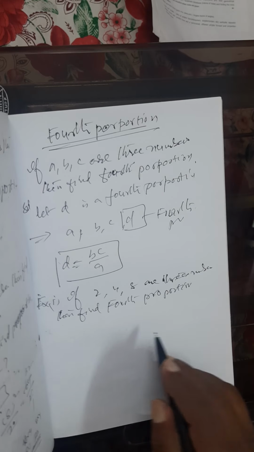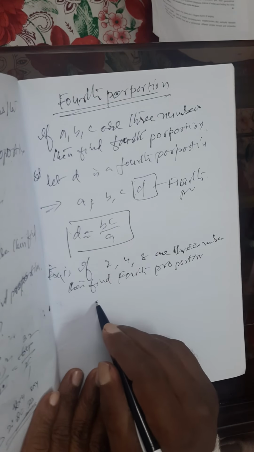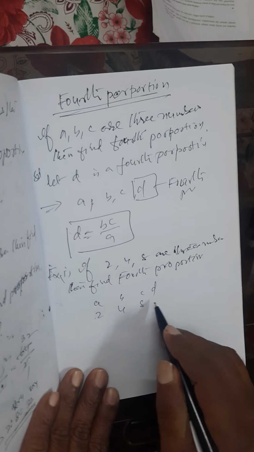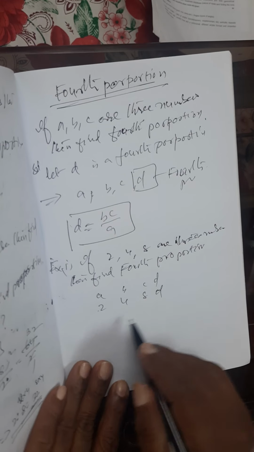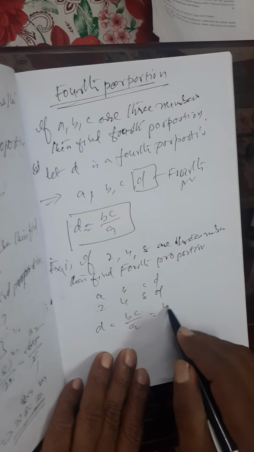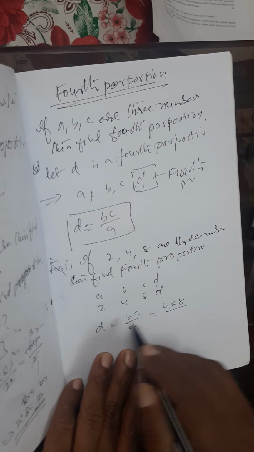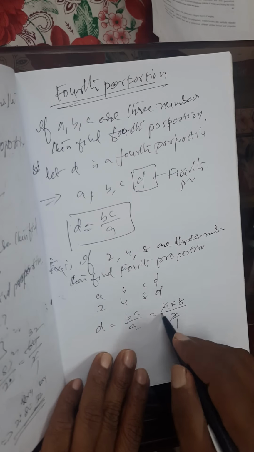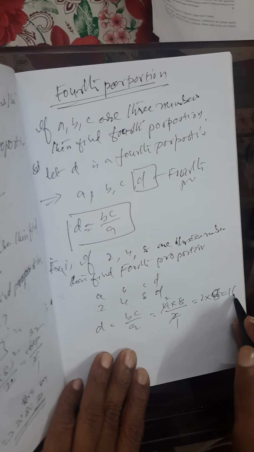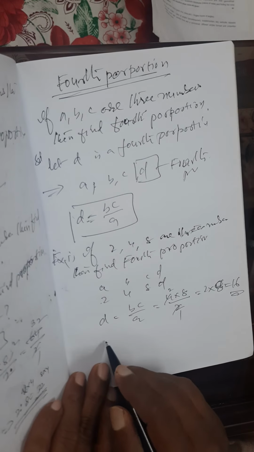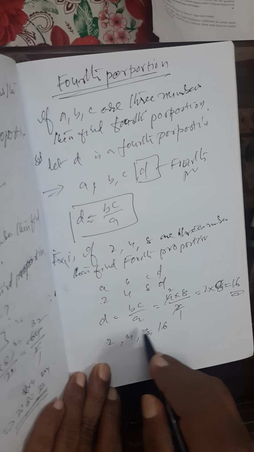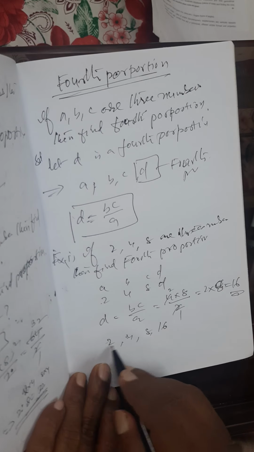We know A, B, C, D are first, second, third and fourth. So D is nothing but BC by A. B is 4, C is 8, divided by 2. So this is 2 into 8, which is 16. The fourth proportion is 16. That means 2, 4, 8 and 16: 2 twos are 4, 4 twos are 8, 8 twos are 16.